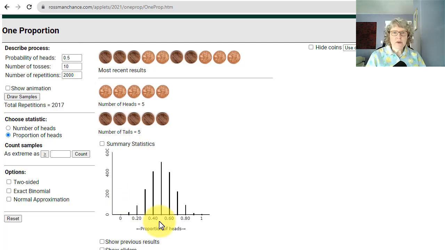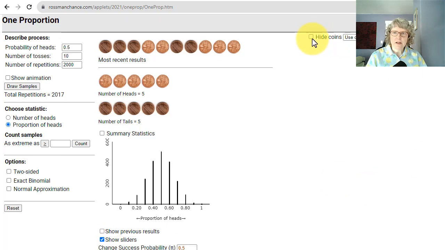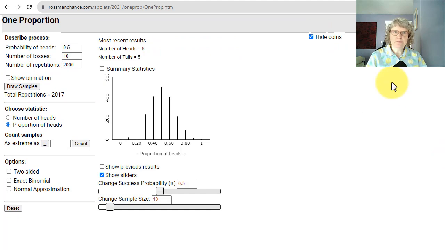Now what I want to show you is related to the success-failure condition. So click on show sliders at the bottom. I'm going to hide coins to move this up. This is great because they give us a slider for the value of p and the value of n. Because this 0.5 is right in the center, this started very centered. But let's see what happens if we change p.